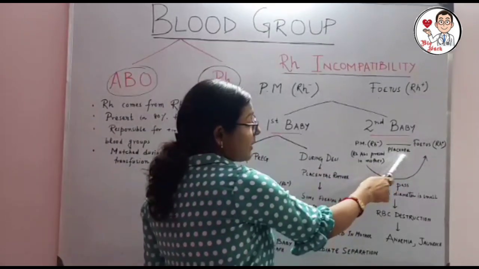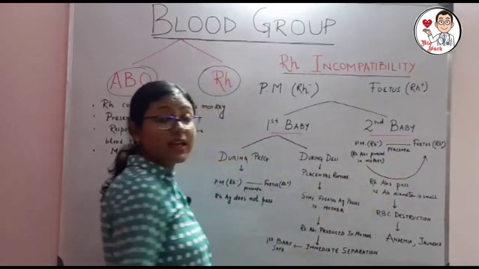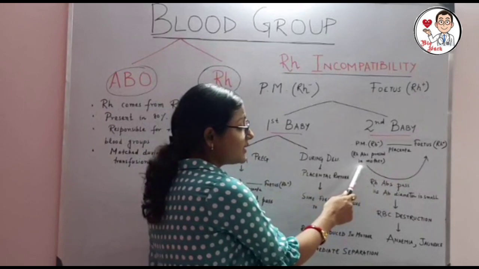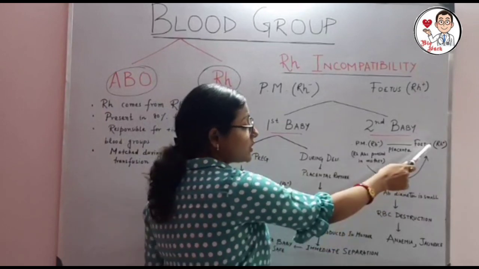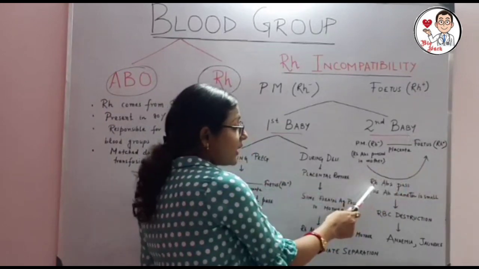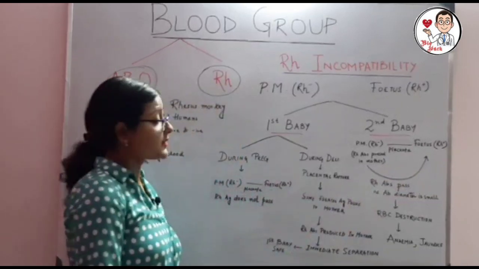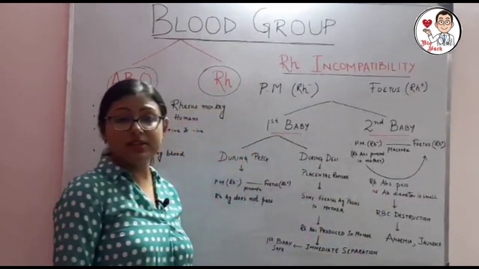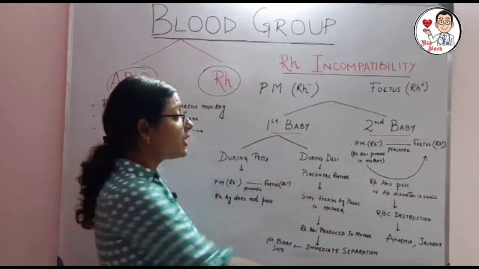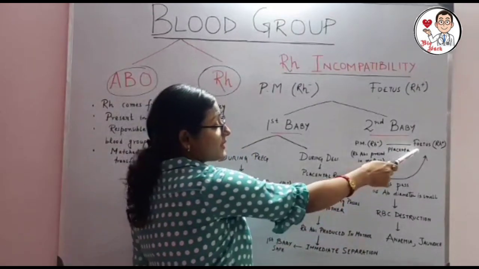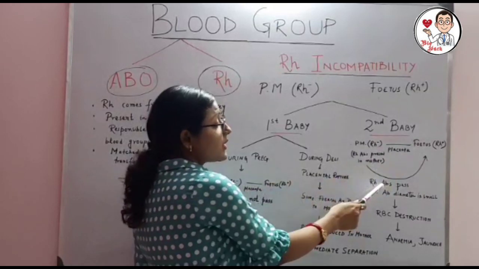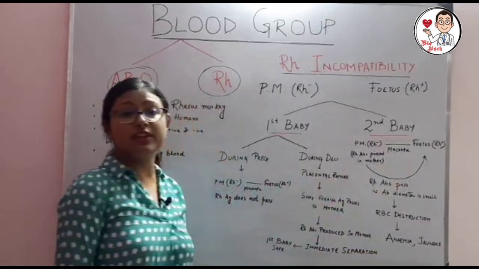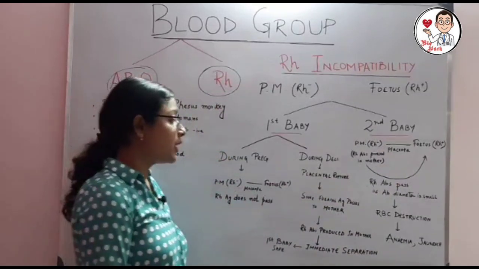Both are separated by placenta, but in this case the Rh antibodies present in mother pass to the fetus. Okay. Why? Because the antibody is smaller in diameter. So though they are separated by placenta, the Rh antibody passes to the fetus because of its small diameter.